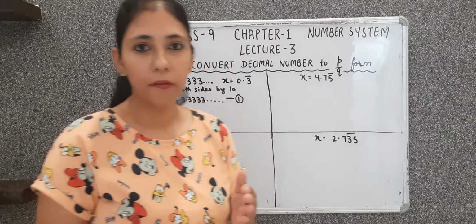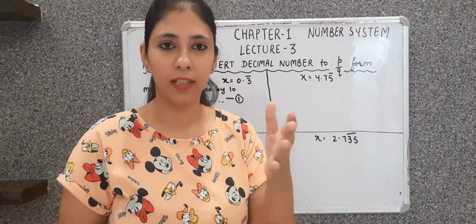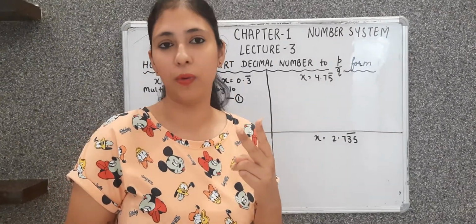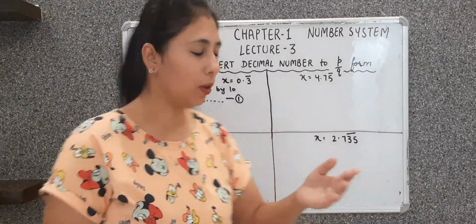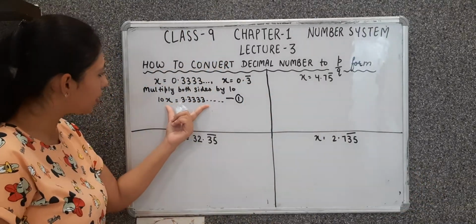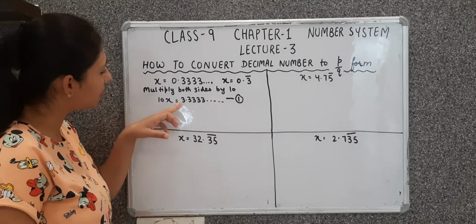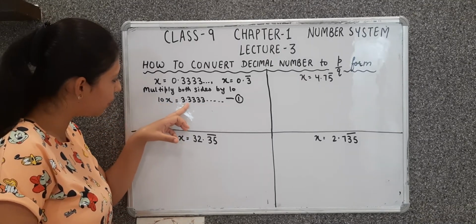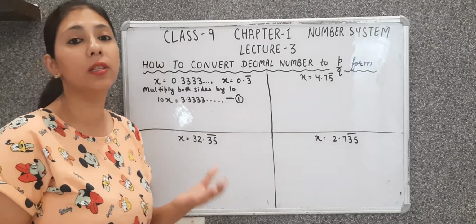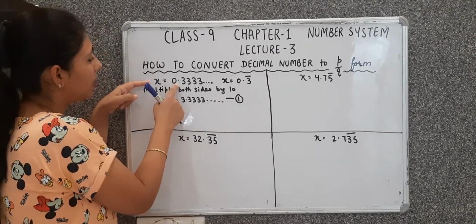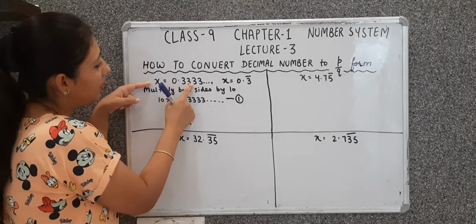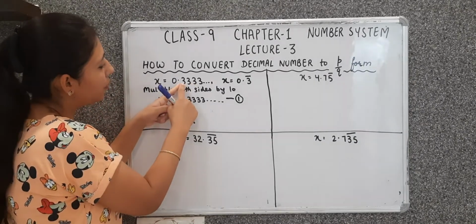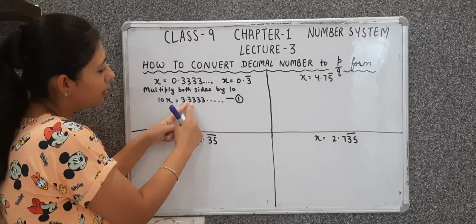To remove the part after the decimal, I actually need two equations in which the after-decimal part is the same. One equation is 10x equals 3.3333, and my other equation is x equals 0.333, because after the decimal in this also we have 333, and in this also I have 333.